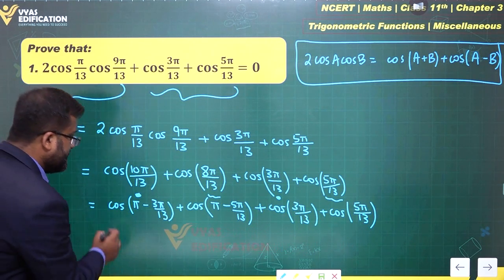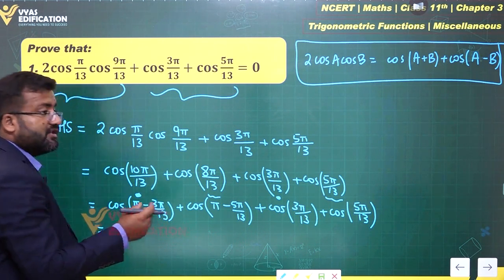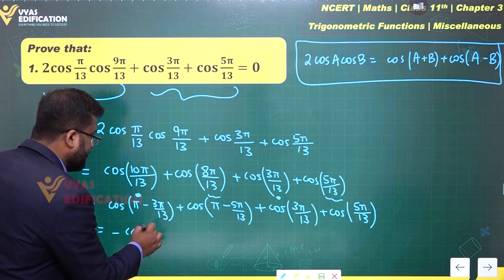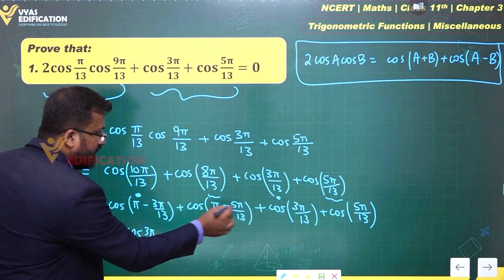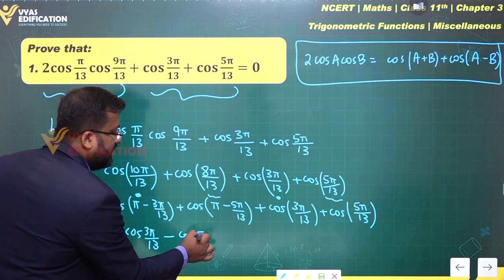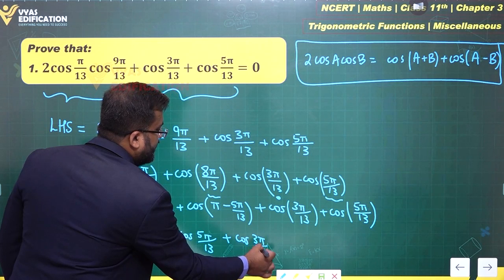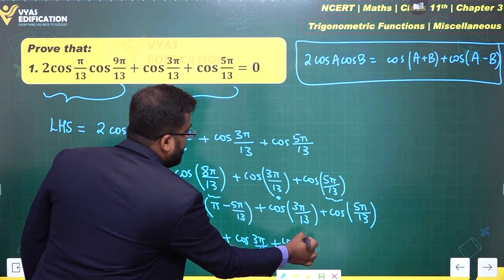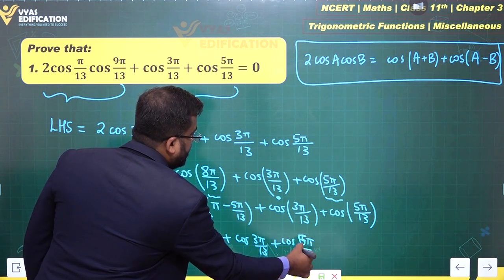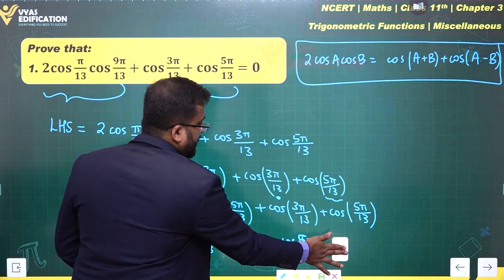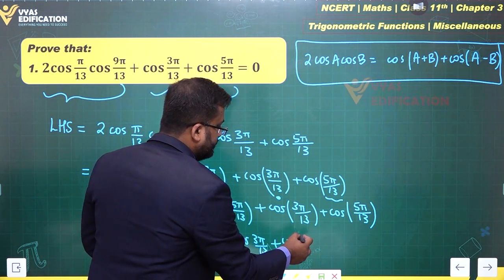On observing this, I can write this as minus cos 5 pi by 13, since cos of pi minus theta is minus cos theta, plus cos of 3 pi by 13 is already there, and cos of 5 pi by 13 is also there.